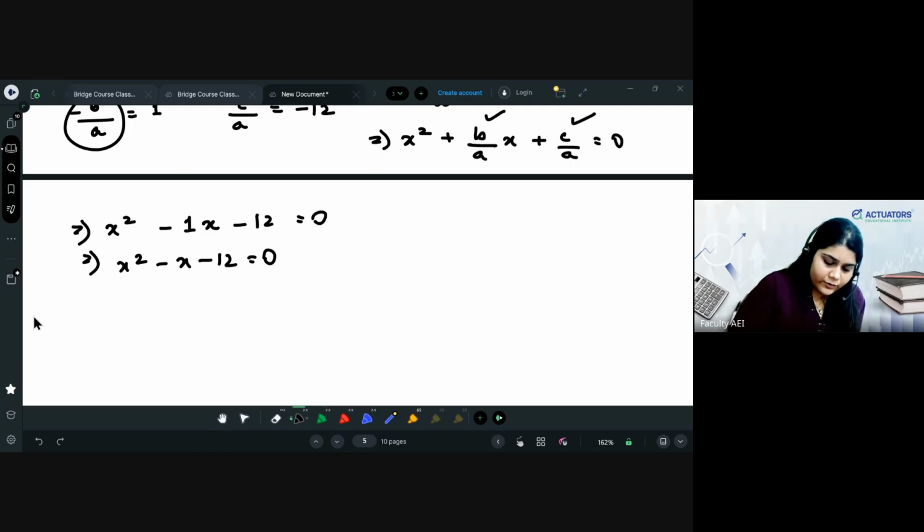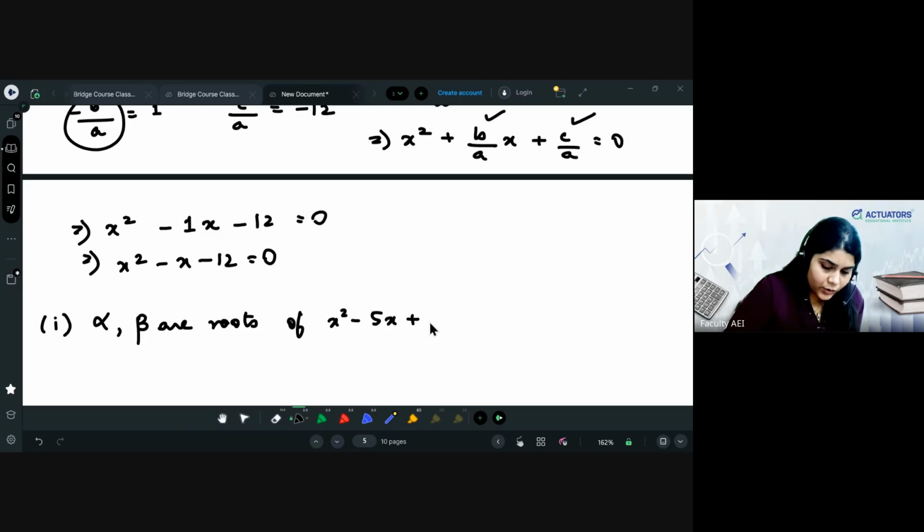Let's give you one sum for practice. Alpha and beta are the roots. Try doing it not by solving the equation, but actually by using this logic.